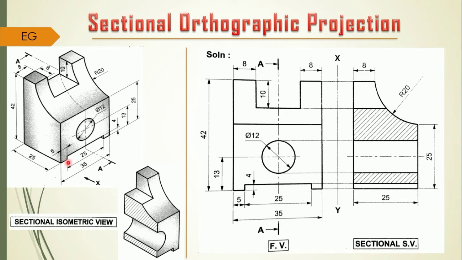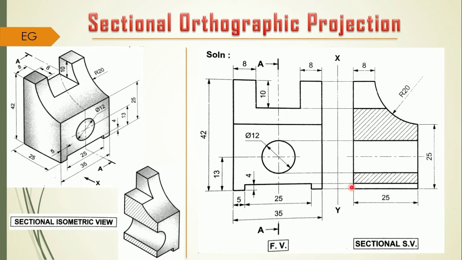Then further on, at the lower side you have one rectangular slot which just goes inside from this direction. But as we cut the object, for this portion you find it to be a rectangular strip. So here you have its portion. This is that rectangular strip, which is throughout the width of your object. That strip has a height of 4 mm.